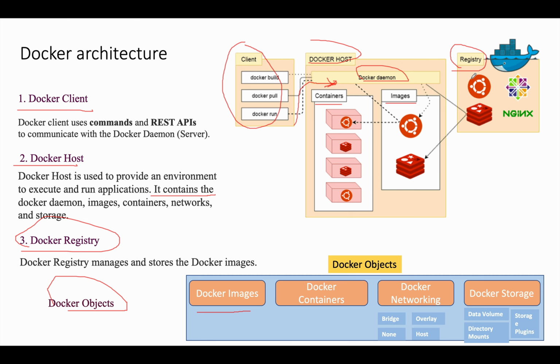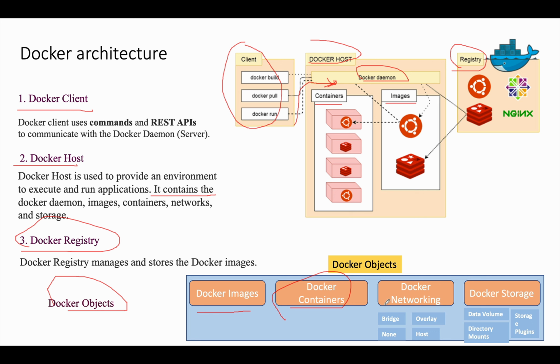We can download the images to our Docker host and run them to create our own instance of Docker. And the Docker containers: we can run many Docker containers as a single instance or as a cluster.